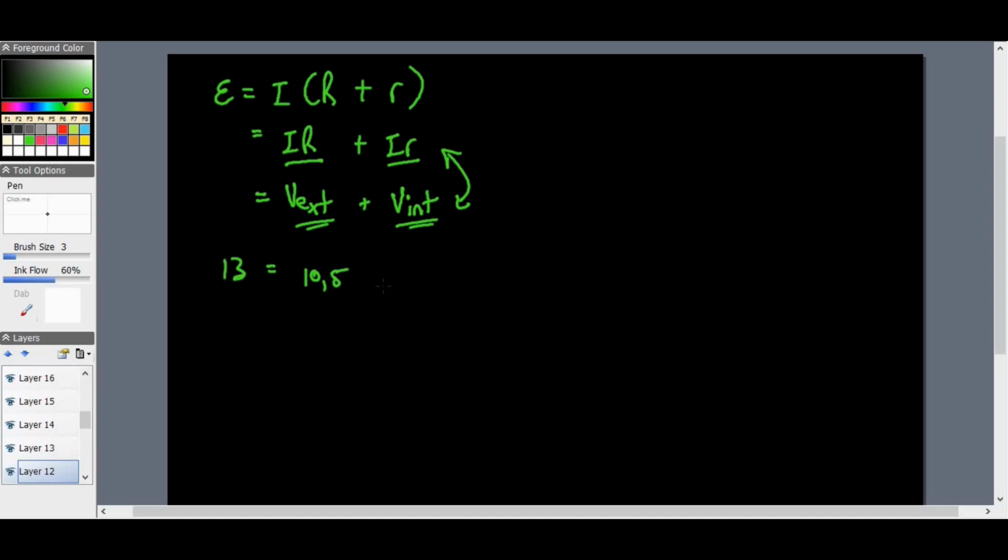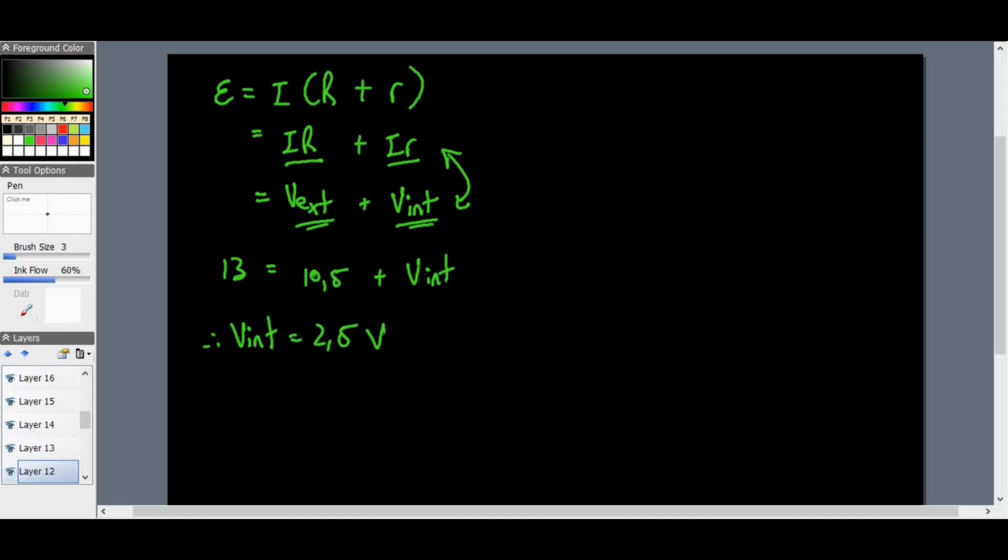EMF was equal to 13 plus V internal, so V internal must be 13 minus 10.5. So V internal must equal 2.5 volts, and that's how much was lost in the circuit.